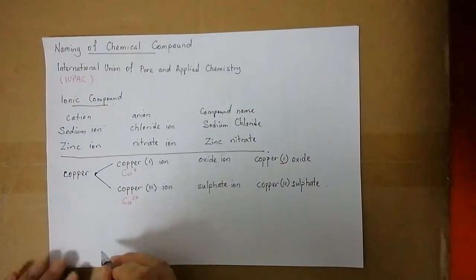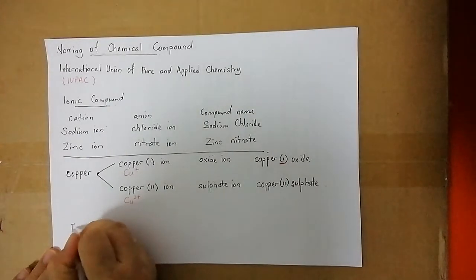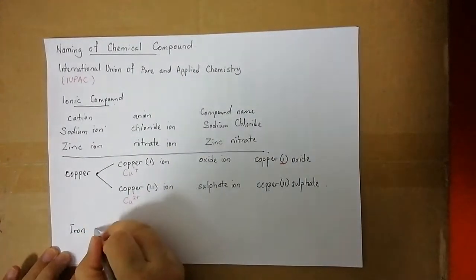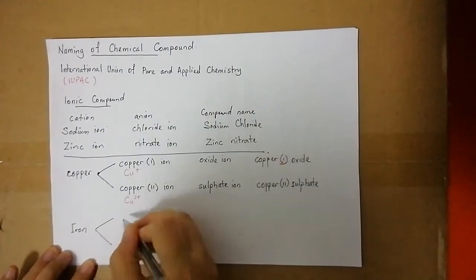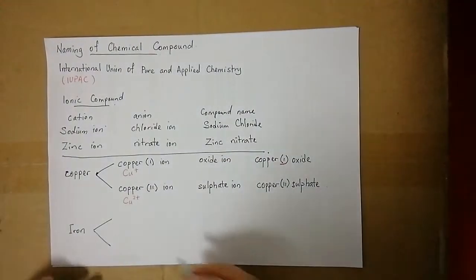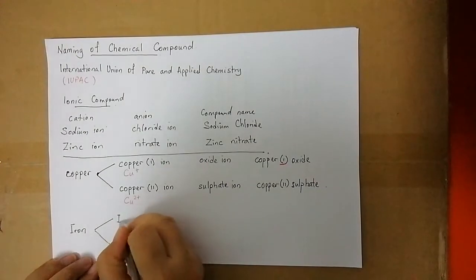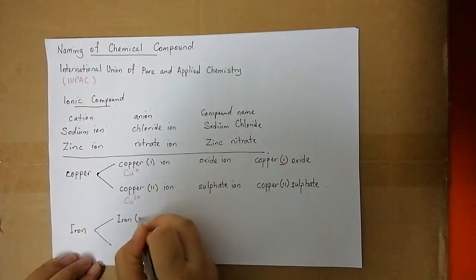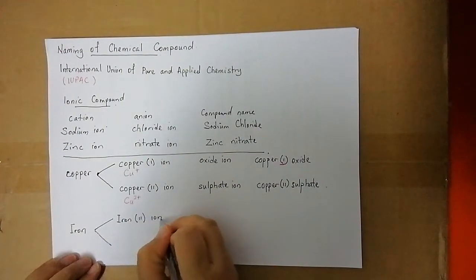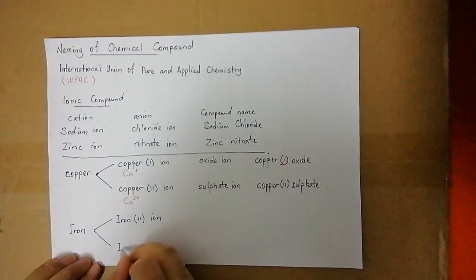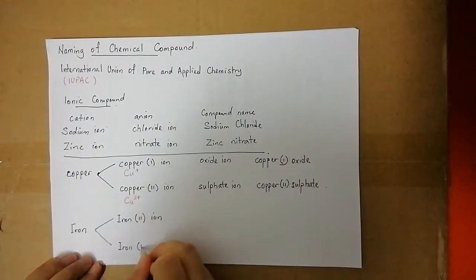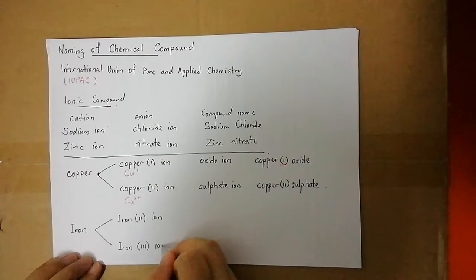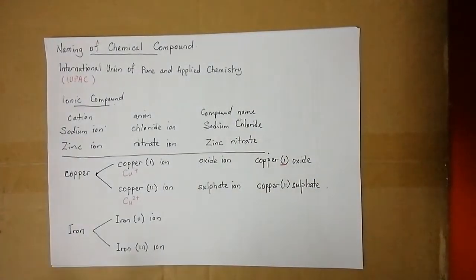The same goes for iron. For iron, we also have two types of ion. One is iron(II) ion, and the other one is iron(III) ion.